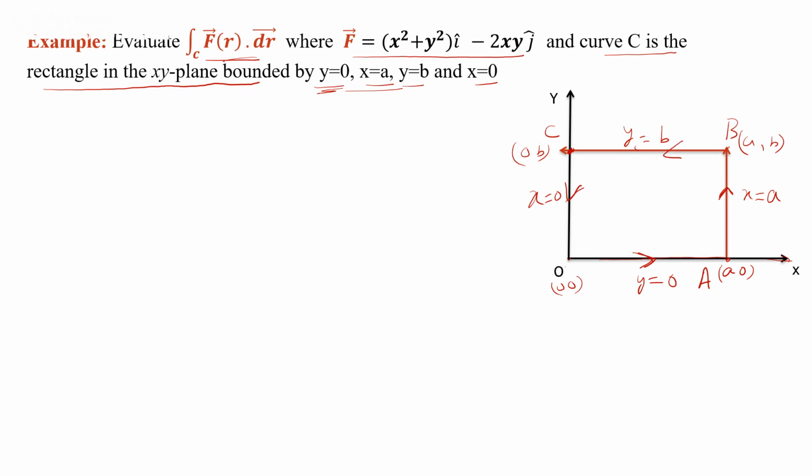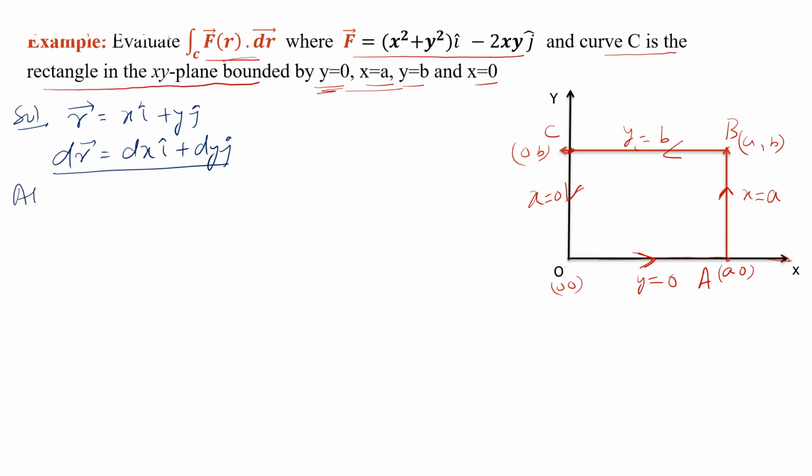Here first, as you know, in the two-dimension plane the position vector r is xi plus yj, that is z is equal to 0. So dr is dxi plus dyj. Now we write the limit along these lines.